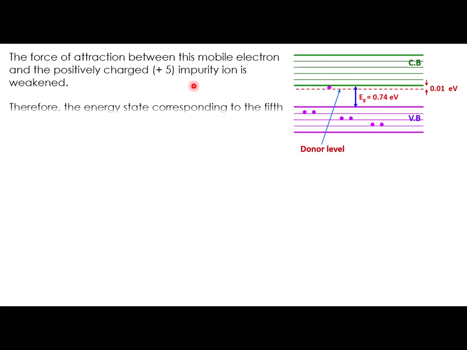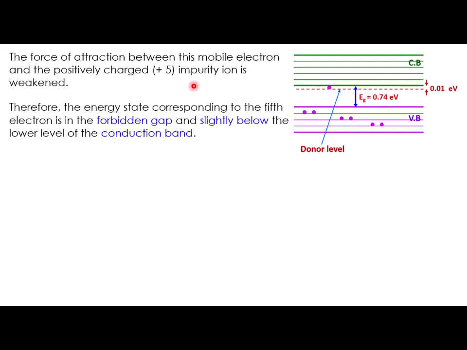As a result, the energy state corresponding to the fifth electron is in the forbidden gap and slightly below the lower level of the conduction band, due to the decrease in the force of attraction between the mobile electron and the positively charged impurity ion, as shown in this figure, which is 0.01 electron volt.